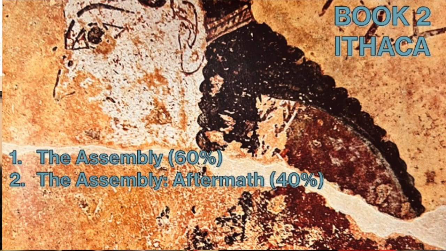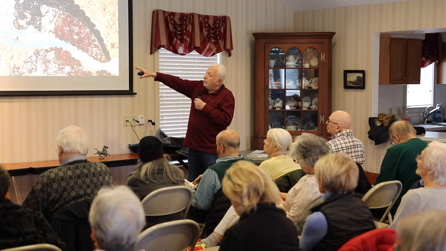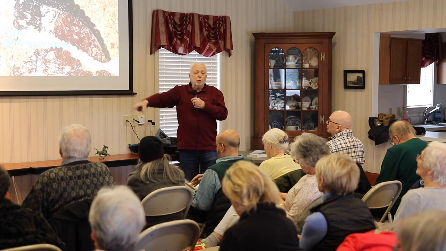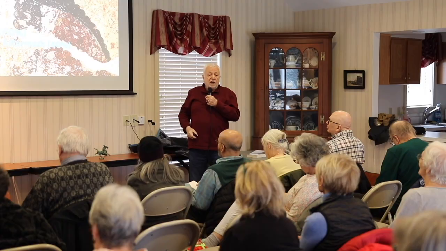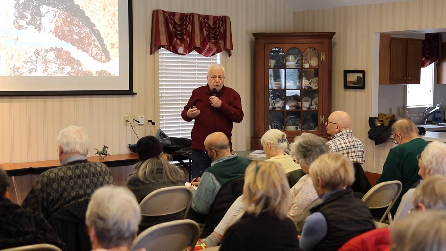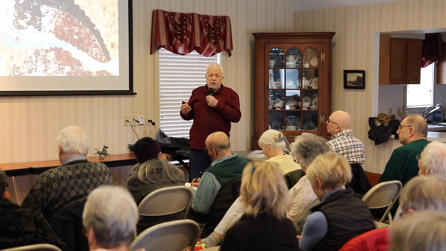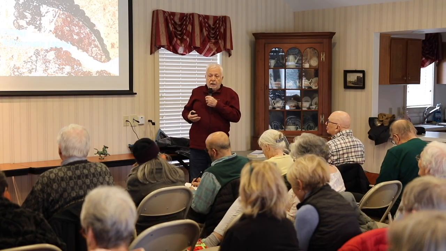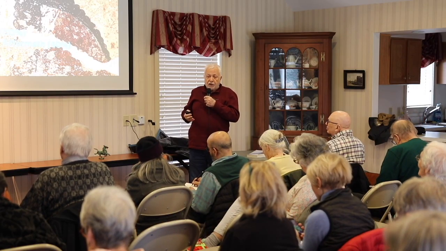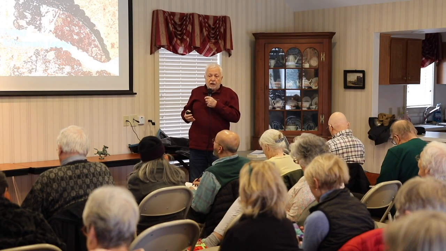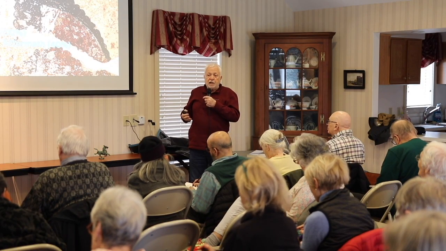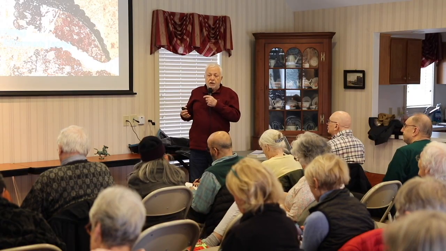The assembly takes up 60%, and even the second part, which is the aftermath, is still in the assembly. So the entire second book talks about the assembly, which shows you the importance of the assembly in this society. It's a democratic process where the people of Ithaca meet to discuss any problem that concerns Ithaca.